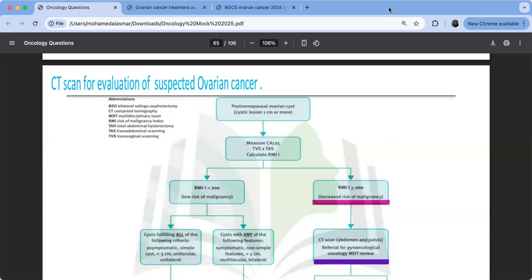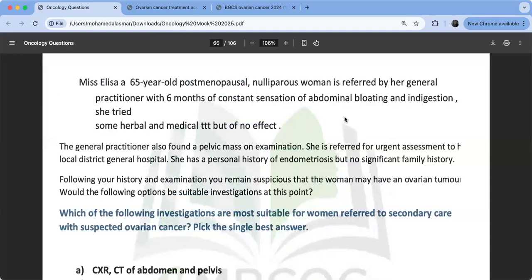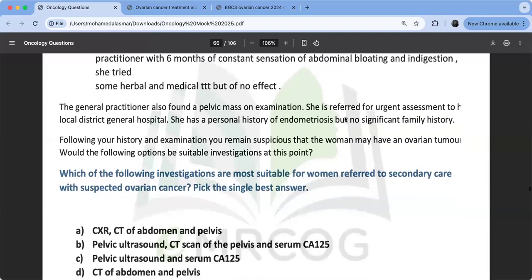Miss Elisa is a 65-year-old postmenopausal nulliparous woman, referred by her general practitioner with 6 months of constant sensation of abdominal bloating and indigestion. She tried some herbal and medical treatment with no effect. The general practitioner found a pelvic mass on examination, referred for urgent assessment to the local hospital. She had personal history of endometriosis but no significant family history.